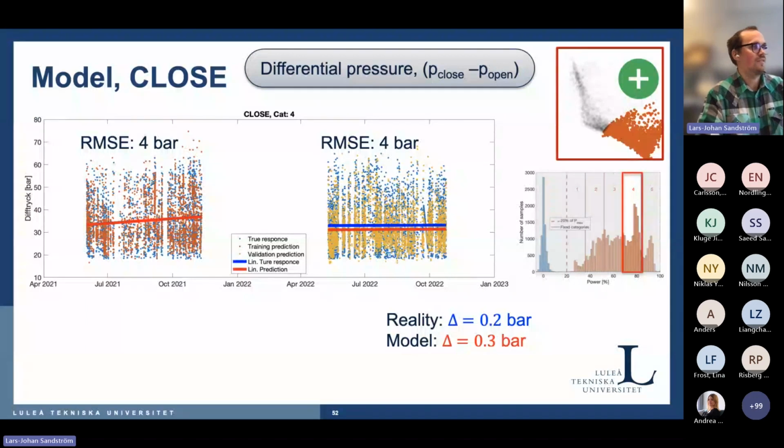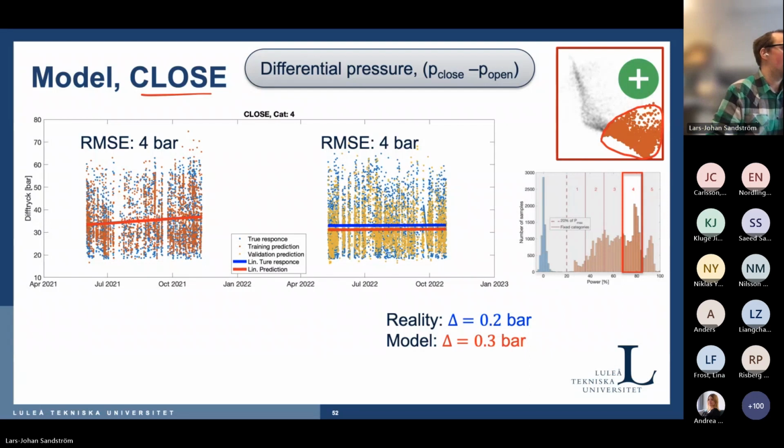Okay, so then it looks something like this. This picture is from power category 4, so we analyze the data in this power category, and we look only at the data when we're closing the turbine. So it's only part of the data in this model. And then we have 6 months of data that we train the model on. What we're trying to achieve here is that the model learns the behavior from a specific period of time.